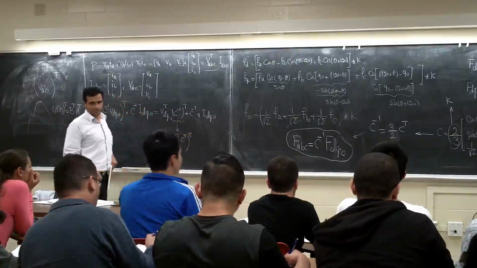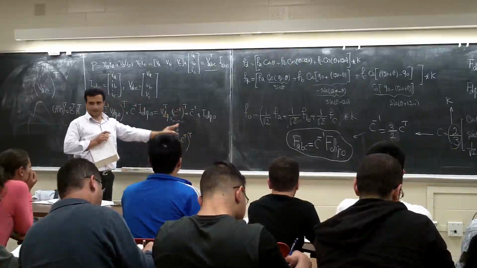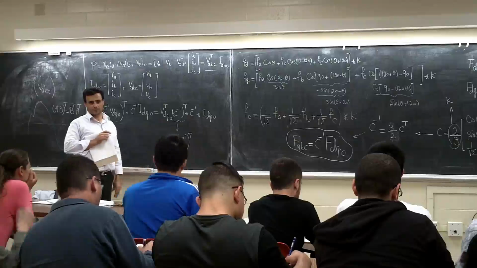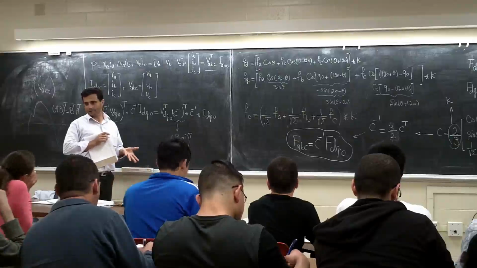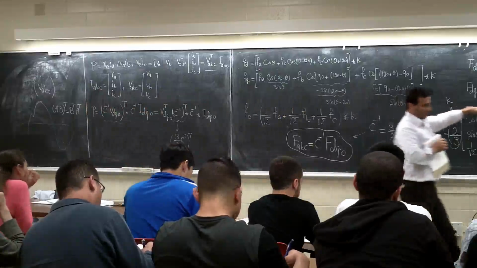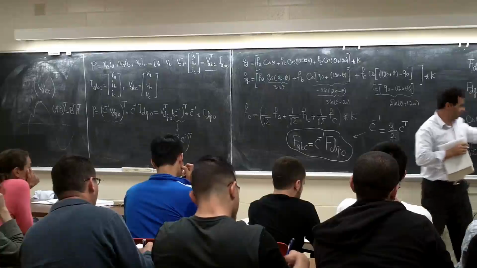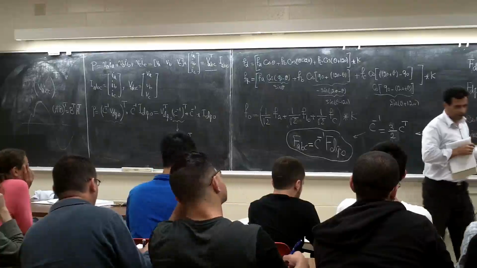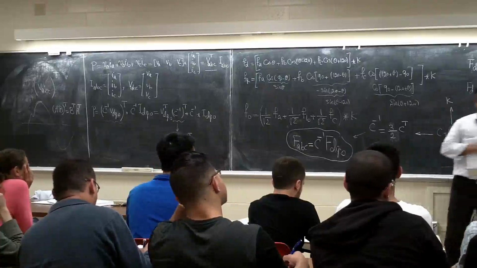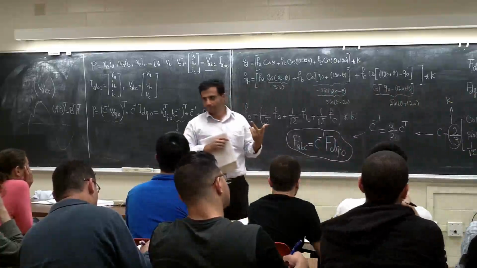Transpose. There's one more transpose here, right? How much is this one? Transpose. You know what transpose is, right? You just move the rows to columns. This row is going to come here, this row is going to come here, and the third row is going to be the third column, right? So if you transpose two times, what's going to happen?